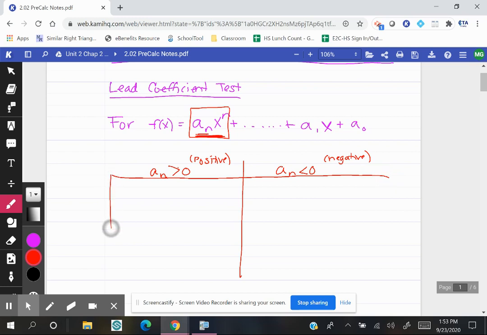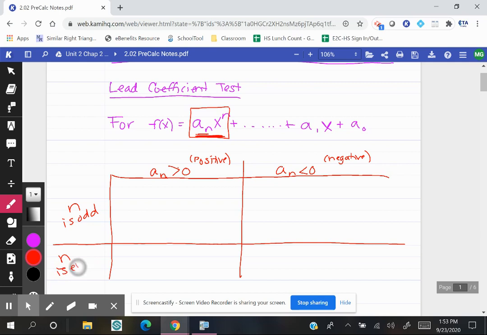And then on the left side over here, n is odd, and then n is even, so the exponent. So that's talking about the lead exponent. So that would be the highest exponent if it's the lead one, is your n. And then a sub n is your coefficient.